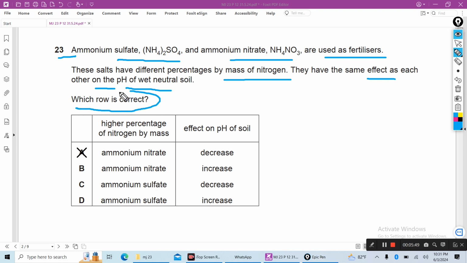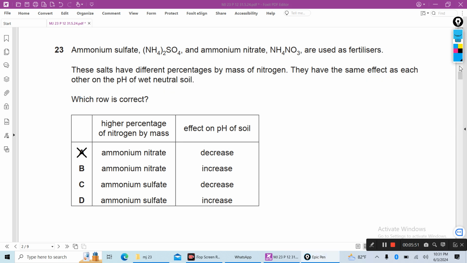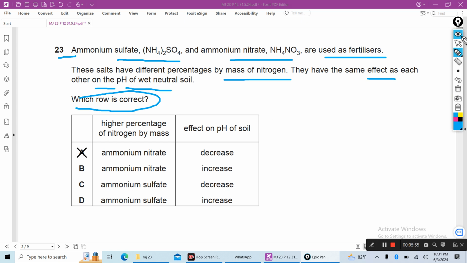Which row is correct? Higher percentage of nitrogen by mass is ammonium nitrate.